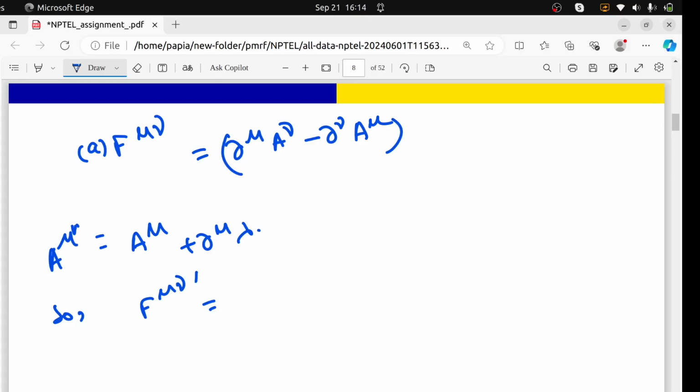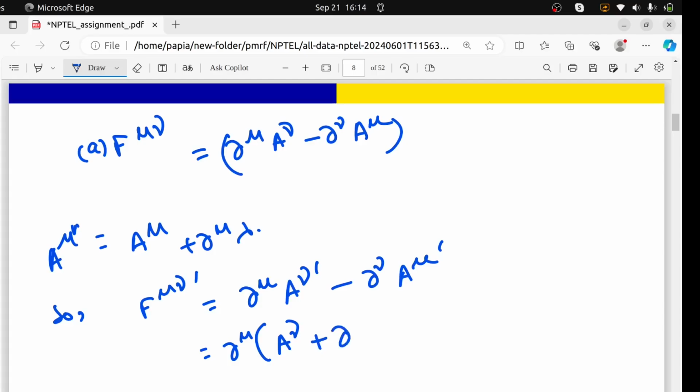So under the gauge transformation, what will be the answer? It will be like del mu A nu prime minus del nu A mu prime. So it is del mu A nu, because it is the nu index, so A nu will be replaced by A nu plus del nu lambda, minus del nu A mu plus del mu lambda.